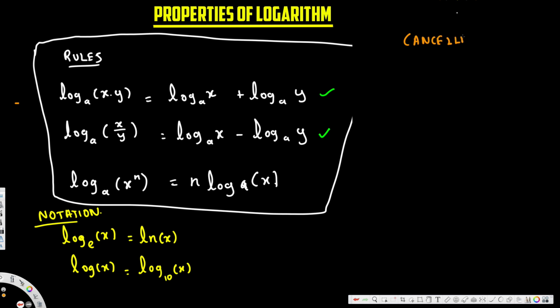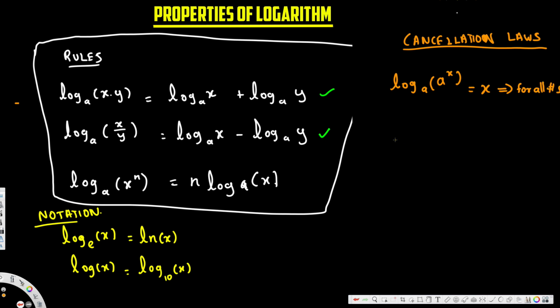So there are two cancellation laws. For the first one, if we have log base a and a to the power x, something like this, the whole thing will cancel and that will result in x. Okay, this is for all numbers. This will work for all numbers.